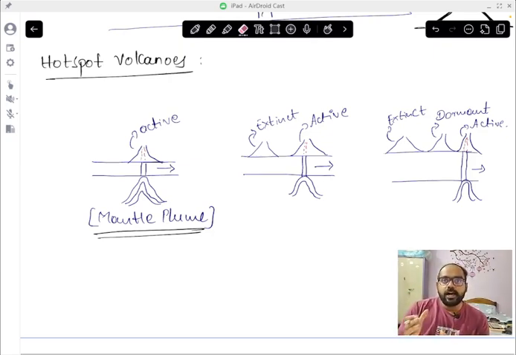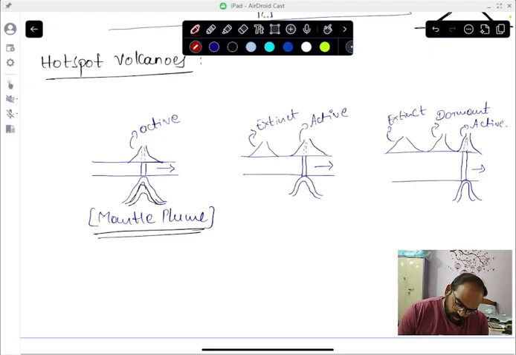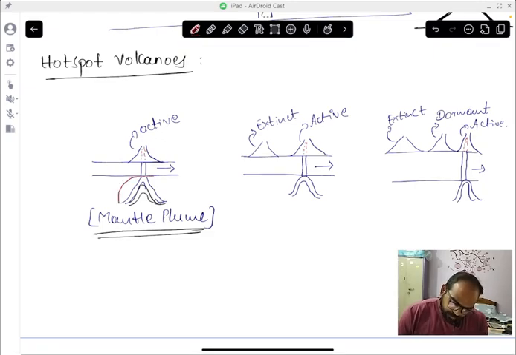Best example is Hawaiian Islands. See, this is a mantle plume. At a certain point of time, this part of the plate came into contact with the mantle plume.